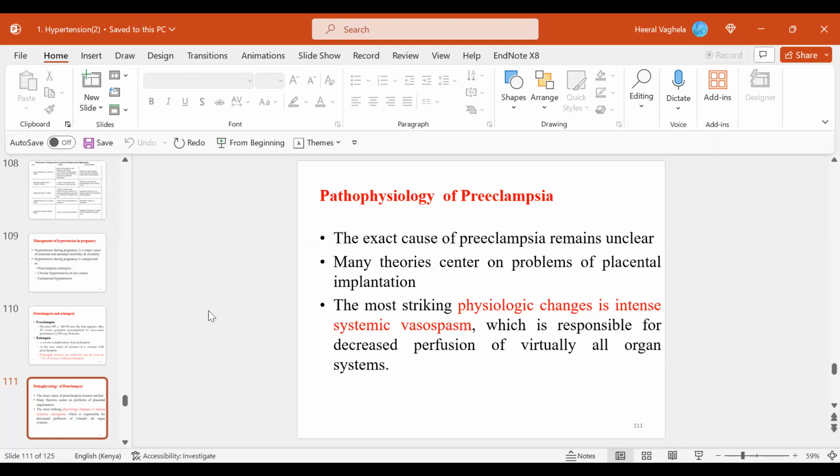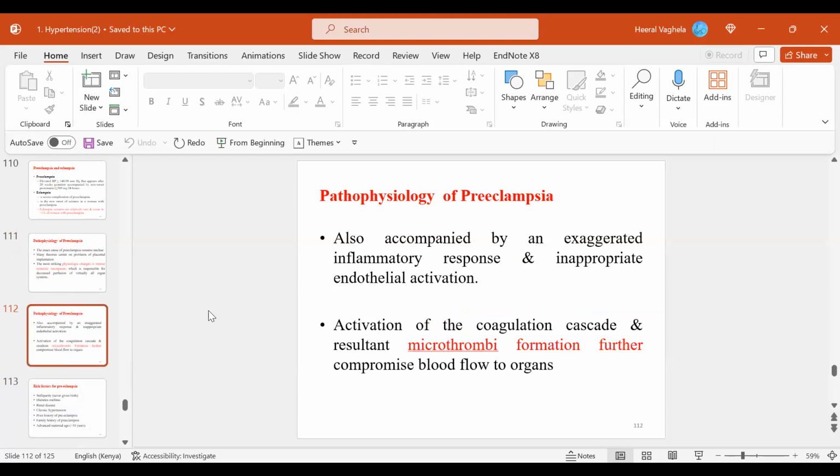There can be an inflammatory response or inappropriate endothelial activation, which also leads to activation of the coagulation cascade and formation of microthrombi in organs that have compromised blood flow.